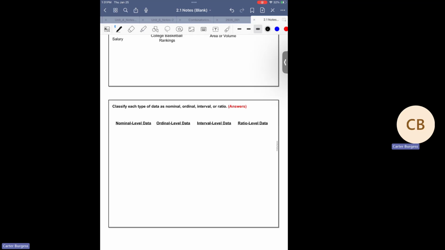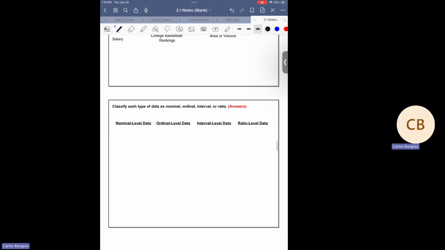You could break this into two steps. First identify: is it qualitative or quantitative? And then you can further break it down: is there order, or is it just naming things? Those are the ways that we look at it.